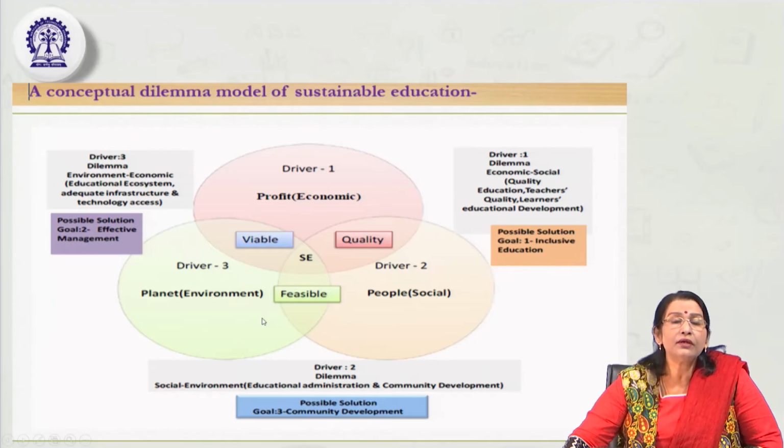Why is it happening? Because when these two drivers interface, the dilemmas are not being resolved. The social and environmental dilemmas here are more related to the educational environment, administration and community development. These are dilemmas in terms of infrastructure, quality, rules and regulations, and in terms of people and environment interactions, like the interactions of administrative staff, teachers and students.